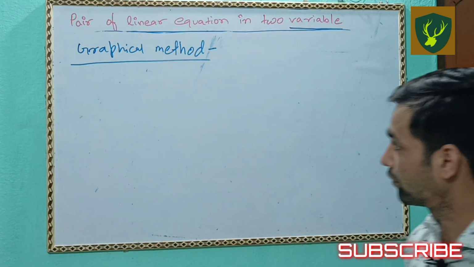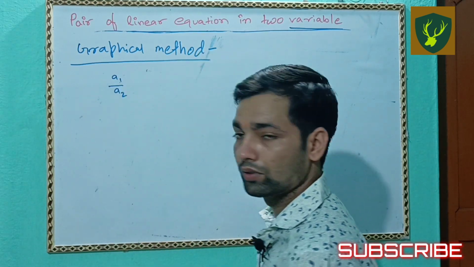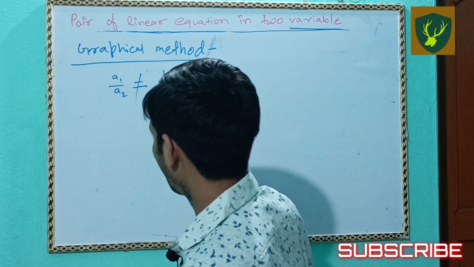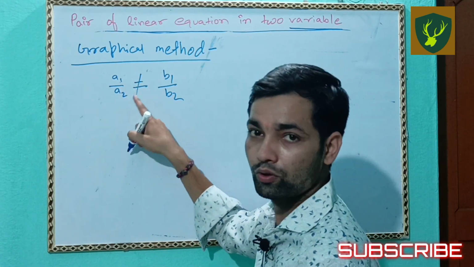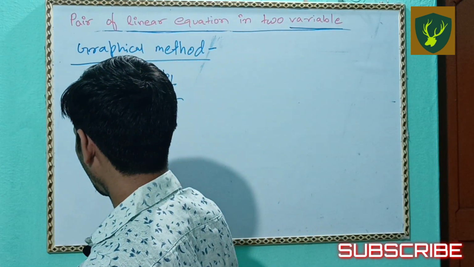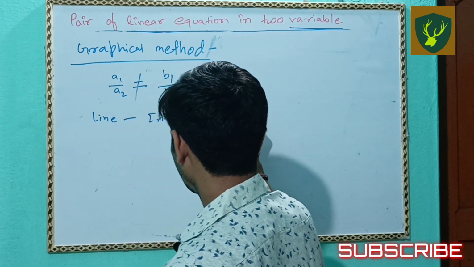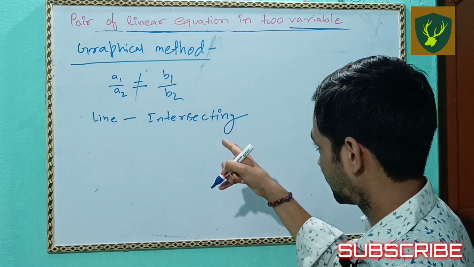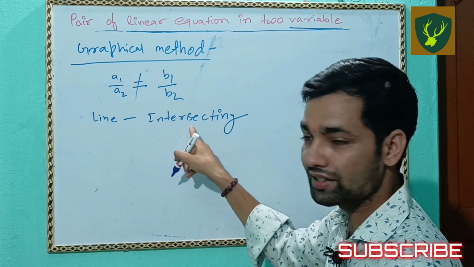When the ratio of a1 by a2 is not equal to b1 by b2, then the pair of linear equations forms intersecting lines.